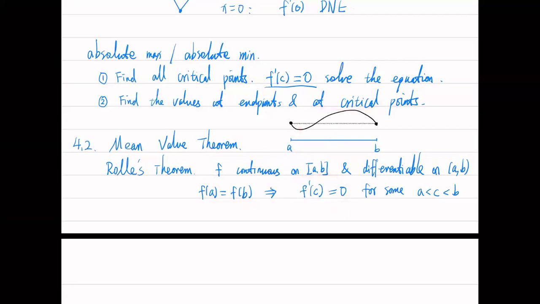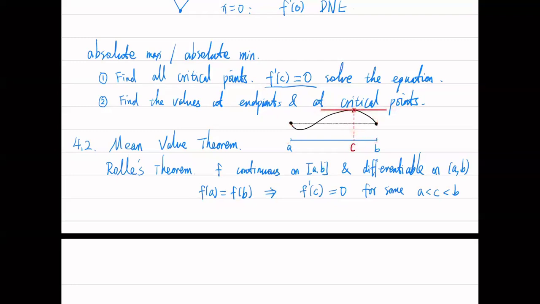Let me mark this point. So the theorem says as long as the two endpoints have the same value, then somewhere in between, there's a point where the derivative is zero.